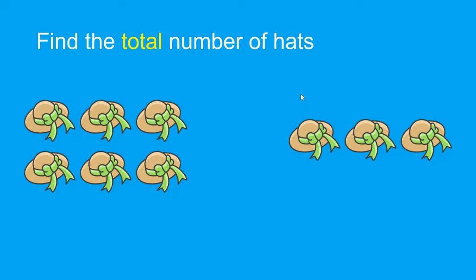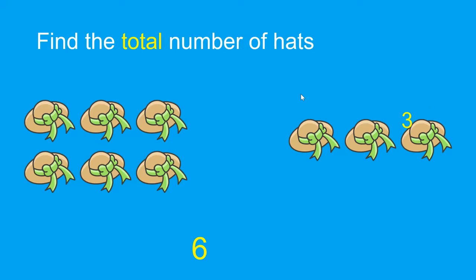So find the total number of hats. On the left, we have 1, 2, 3, 4, 5, 6. We have 6 hats on the left. Then on the right, we have 1, 2, 3. 3 hats on the right.